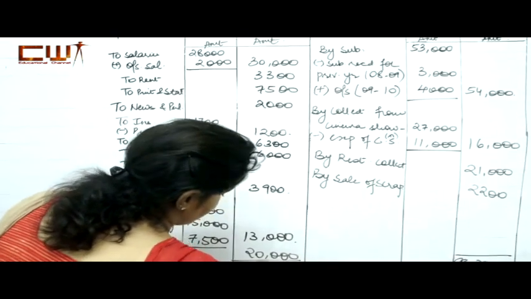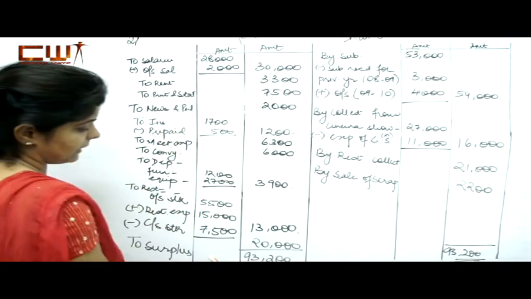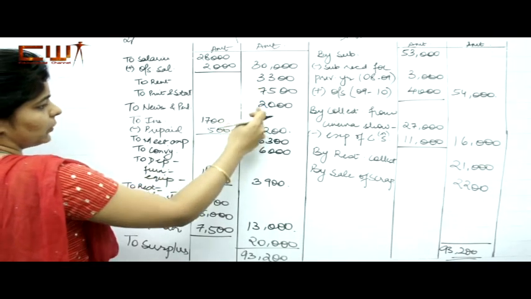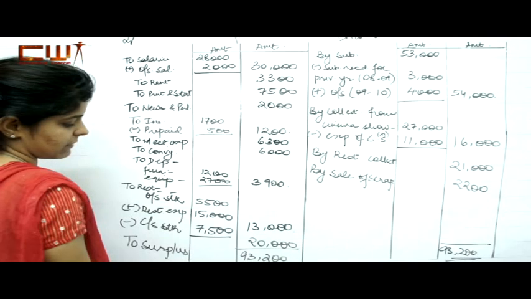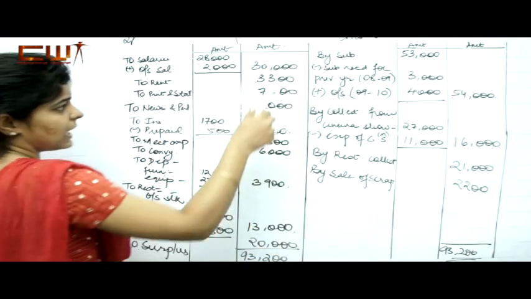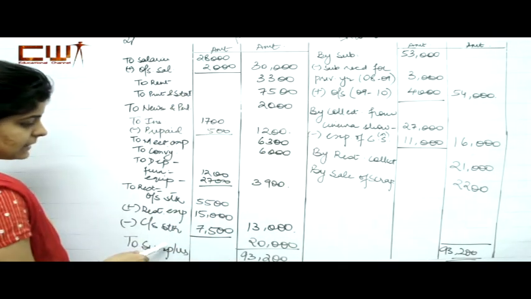So you get 73,200 as the total of this column; you subtract it from 93,200 and get a surplus, that is, the excess of income over expenditure.